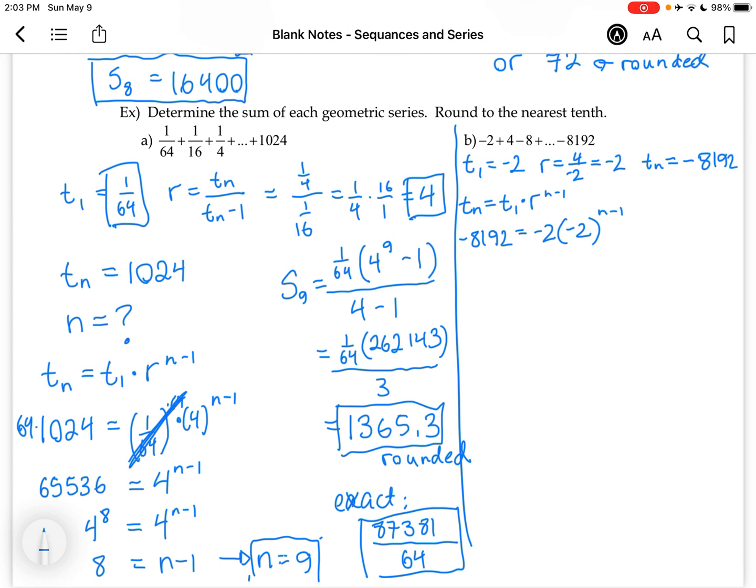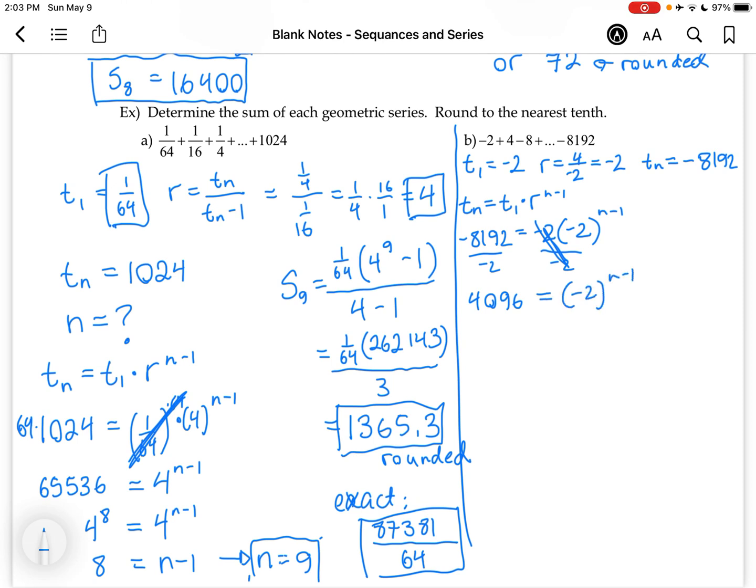Okay, and then I can divide both sides by -2, and I'm going to get -8,192 divided by -2 is 4,096.